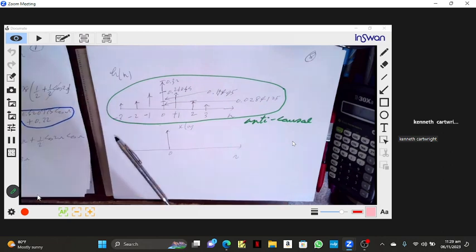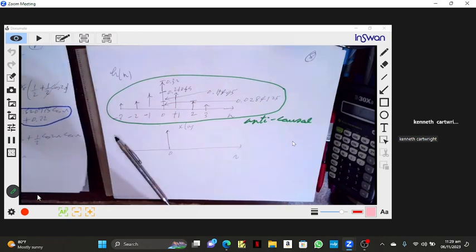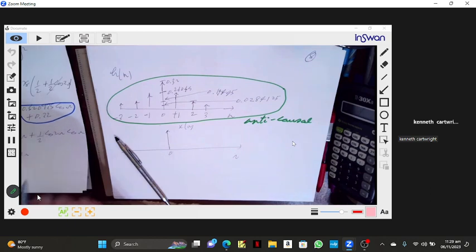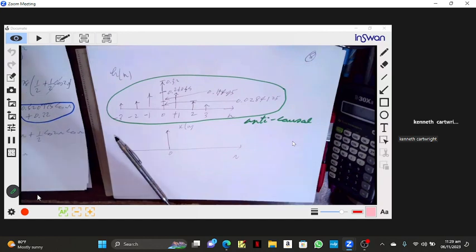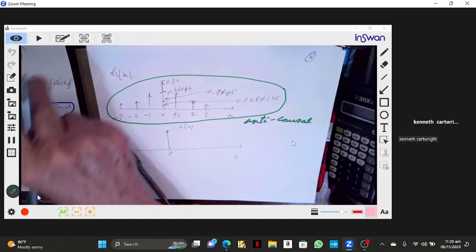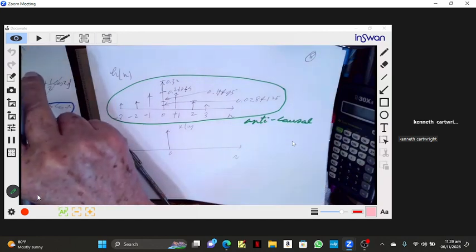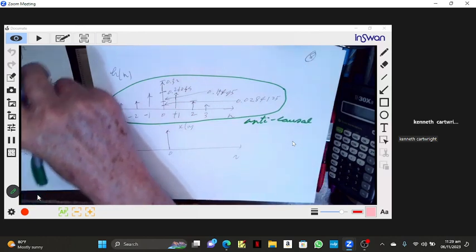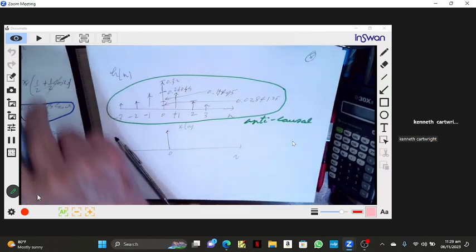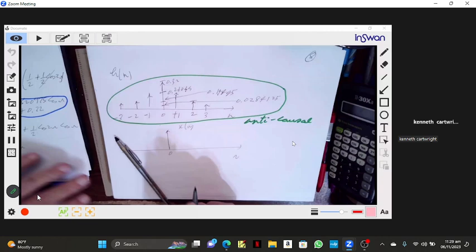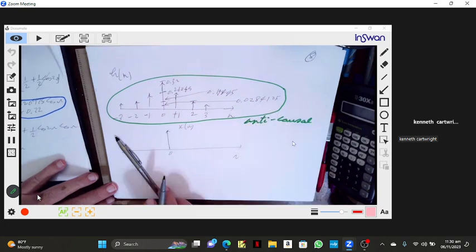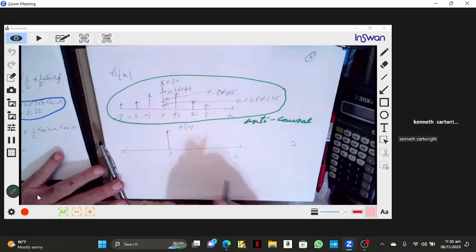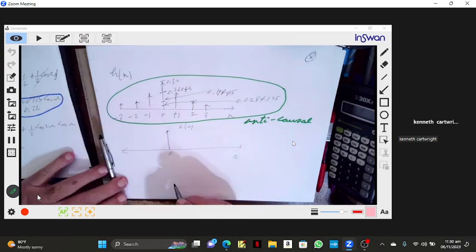So in other words, we really cannot create that frequency response I gave you on page 4, because if we use the frequency response on page 4, we will have this anti-causal impulse response. Now, what we can do is shift everything to the right and create a causal filter.